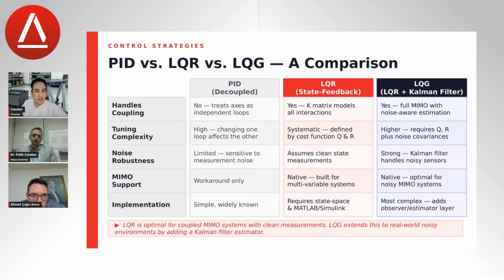The main takeaway here is that the PID is simple and widely known, and it can be used with a workaround solution maybe. But the LQR and LQG are built for MIMO systems for sure, and they are the most optimal controllers for these systems.